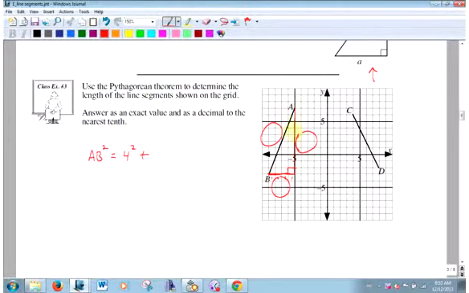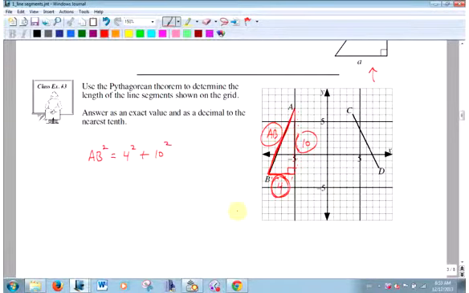Plus, what is this? 1, 2, 3, 4, 5, 6, 7, 8, 9, 10. Okay? So again, that's Pythagoras. The sum of the squares of the two legs, that's 4, that's 10. Take the squares of those, add them together. That's equal to, this is length AB.